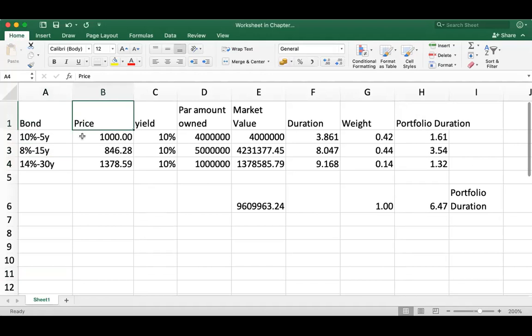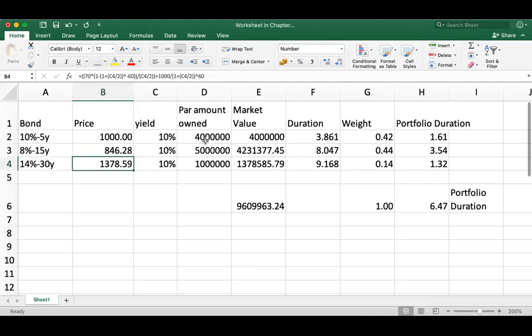These are their prices, and this is the yield. So what I did is I have assumed that all 3 bonds are yielding 10%, and then I calculated their prices. I will share this Excel sheet with you. You can find the formula beneath each of these cells, right?